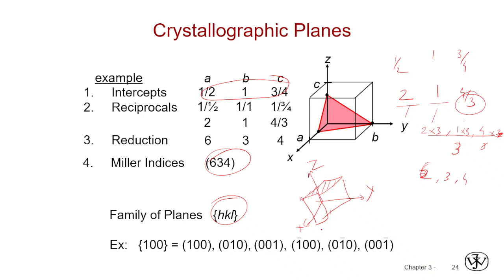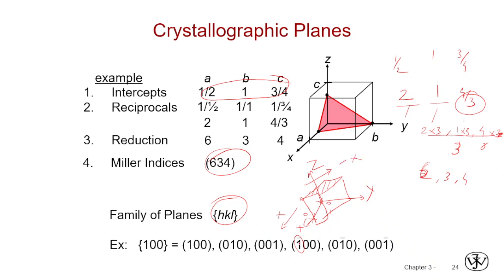Likewise, if it's negative, what we have to do is shift the origin. Usually we keep the origin over here. If we encounter problems with negative, we first shift the origin over here. From here, anything in this direction will be mentioned as x, and anything in that direction will be mentioned as minus x.